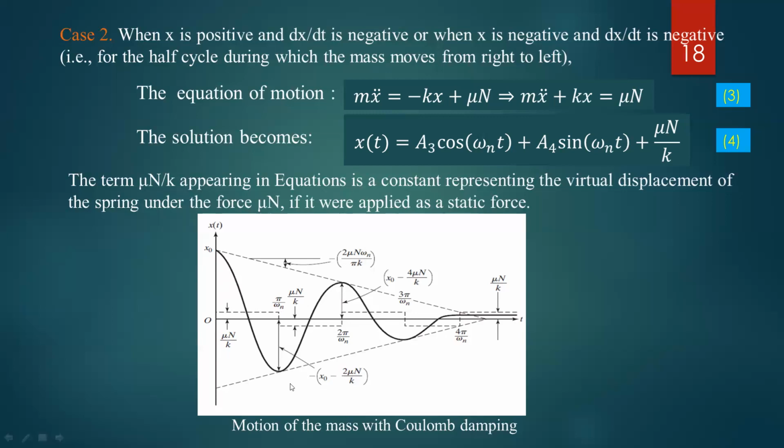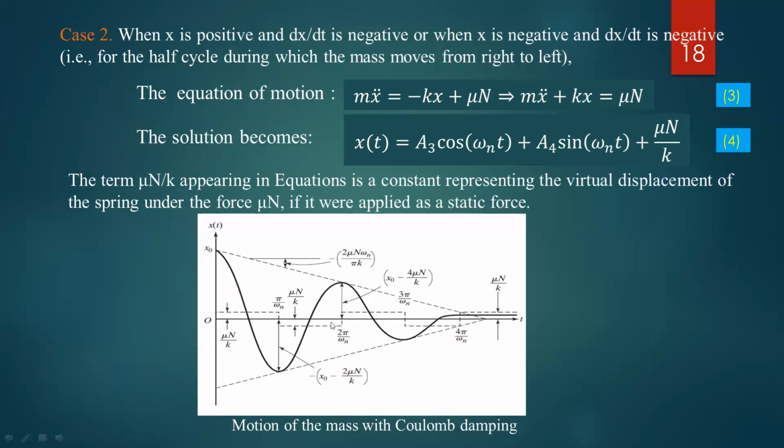Now from here to here it is x naught minus 2 mu N over k, mu N over k plus mu N over k from this direction. So it is decreased. Again, the next half cycle, it decreases in a similar way. It decreases again to x naught minus 4 mu N over k. 4 means 2 plus 2.